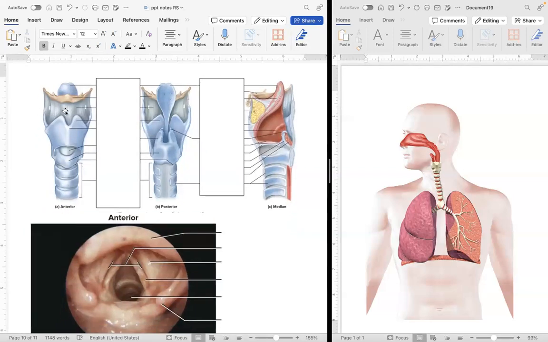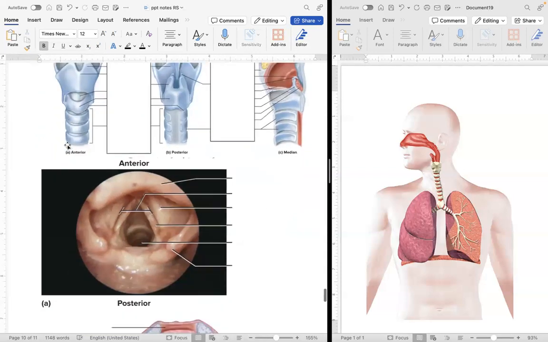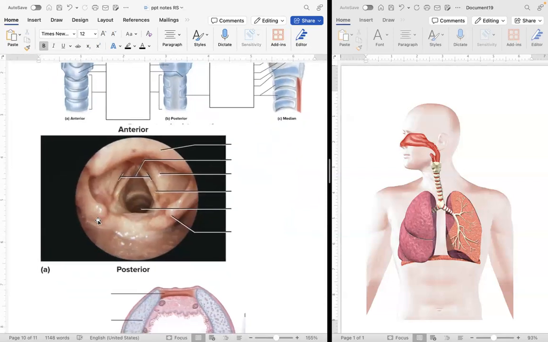So this is the anterior view, but when we look inside the larynx, we can see the vestibular folds, which are here, and they close the larynx during swallowing. Then we can see vocal folds, which are inferiorly located, and they help to make sound through vibration when the air is passing down through the trachea down here.